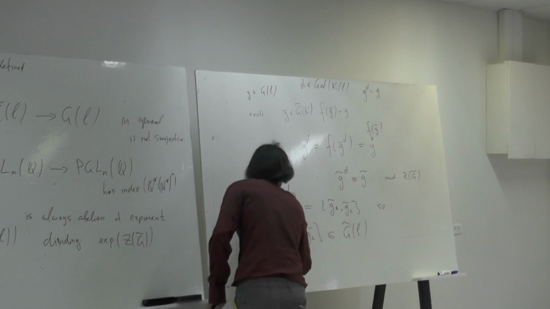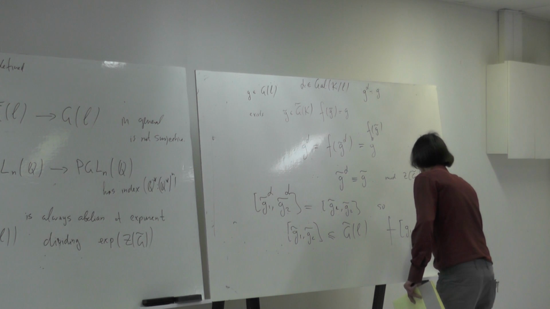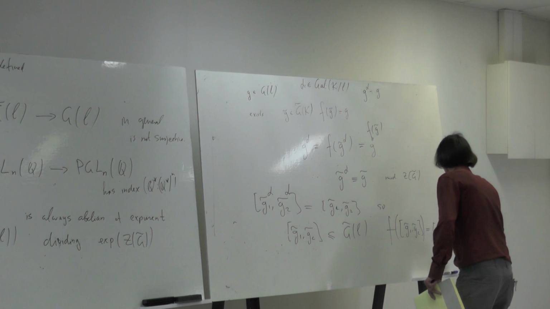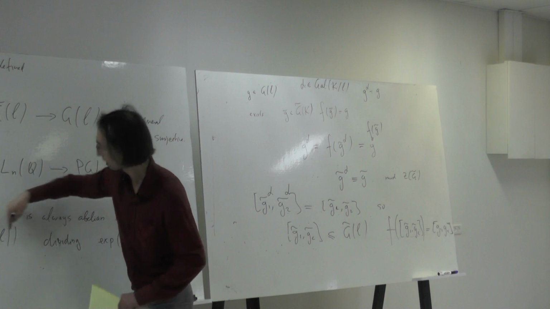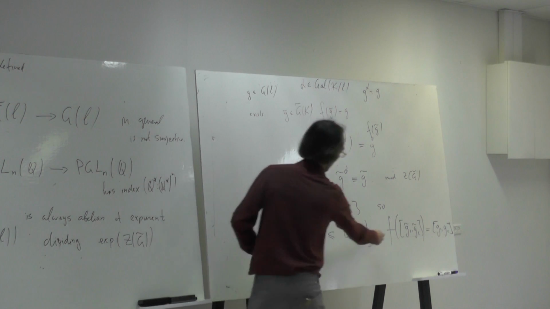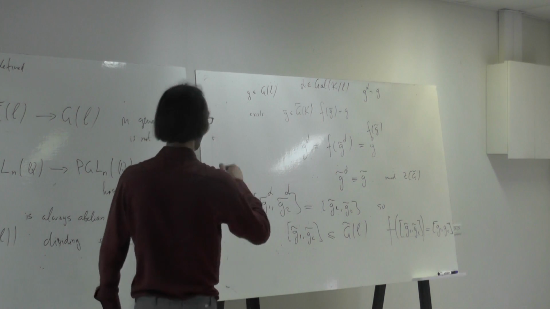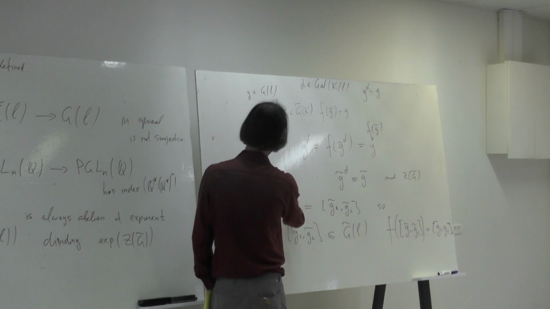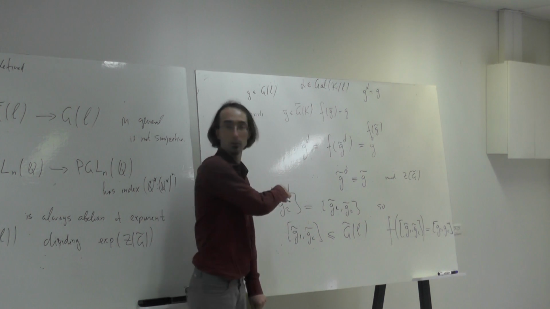So if I take two elements in G(L), the commutator is in the image of the rational points of the universal cover. So this shows it's abelian, and for the exponent, instead of taking a commutator of two elements, you just raise one of them to the power of the exponent of the kernel.